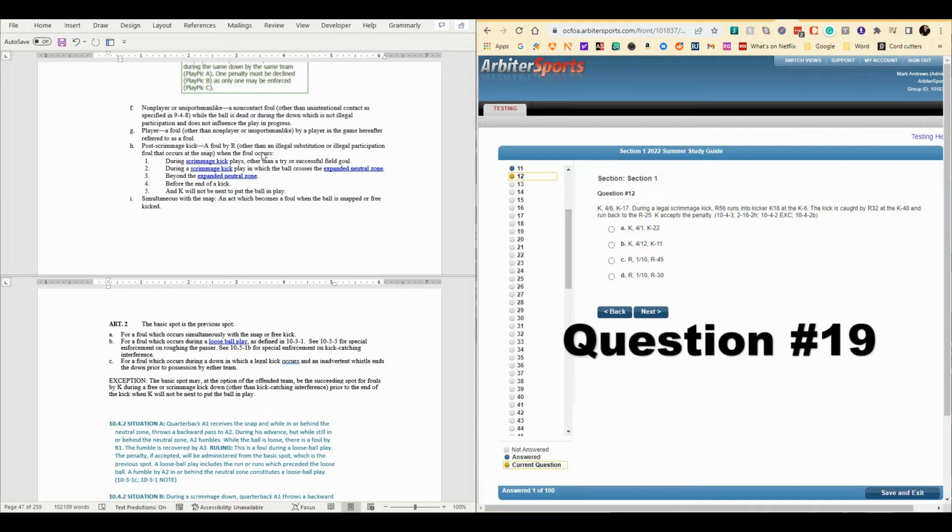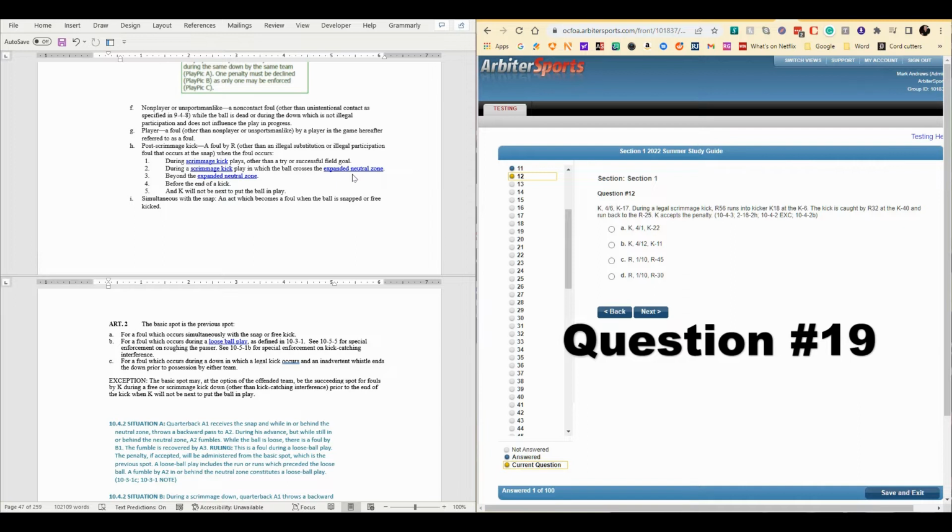When the foul occurs during a scrimmage kick play other than a try or a successful field goal. So it's basically we're talking about punts and unsuccessful field goals. During a scrimmage kick play in which the ball crosses the expanded neutral zone. So if the ball never gets past the expanded neutral zone and there's a foul by R, it's not a PSK foul.